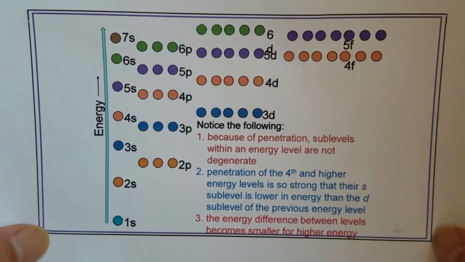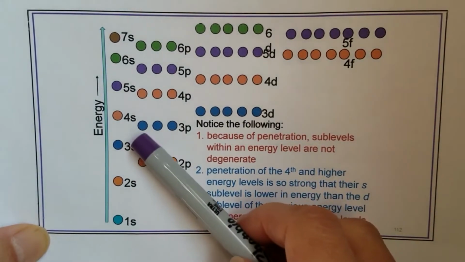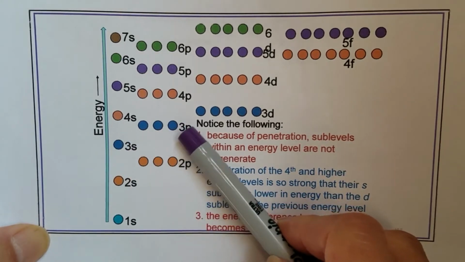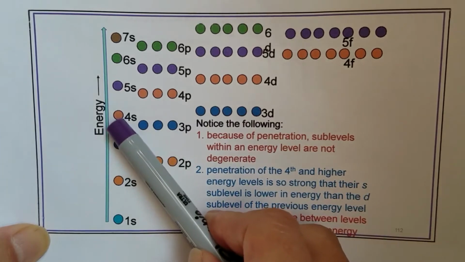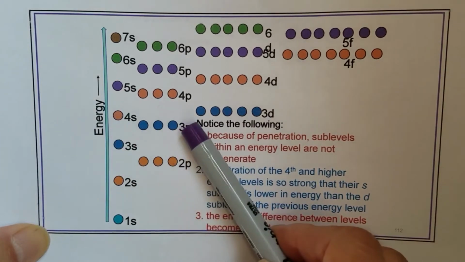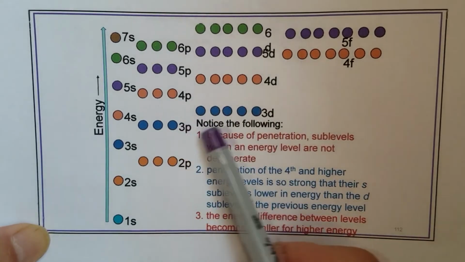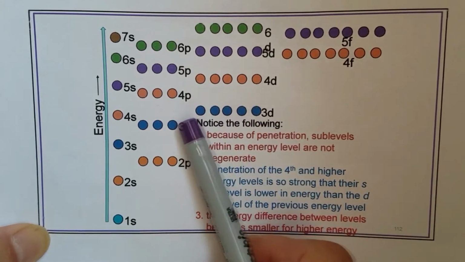As you can see, after 3s and 3p, it's the 4s, not the 3d, whose energy level is lower than the 3d. So the last 6 electrons should fill these 5 3d orbitals.